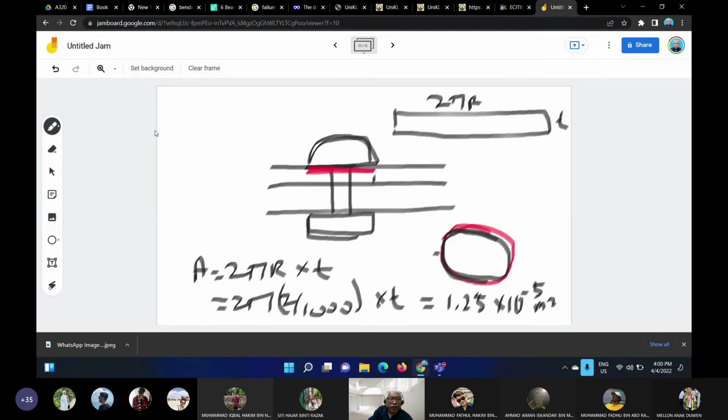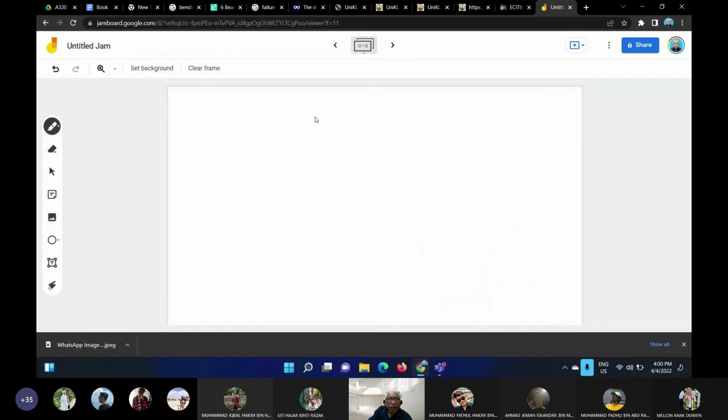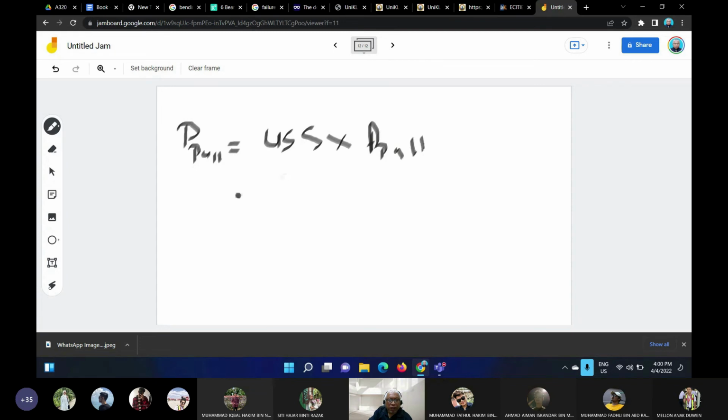So what is the loading? What is the load? The load will be the ultimate shear stress, because shearing off, times the area. Say the ultimate shear stress is 200 megapascal, 200 times 10 to the 6 Newton per meter square.